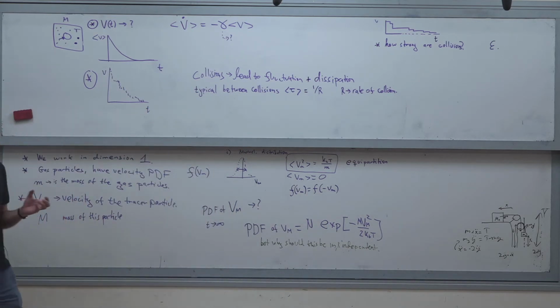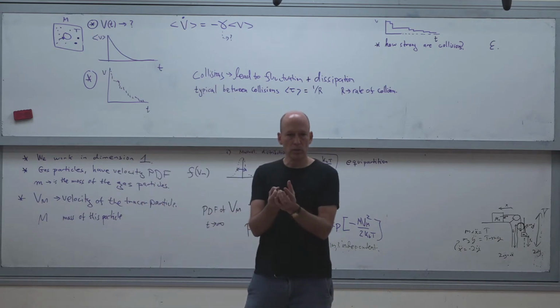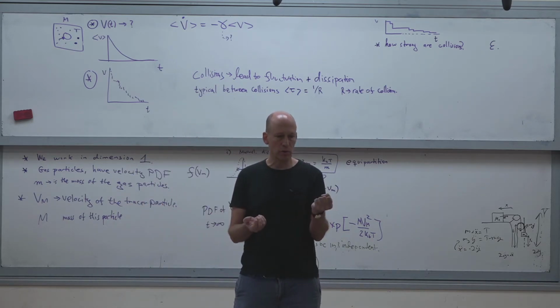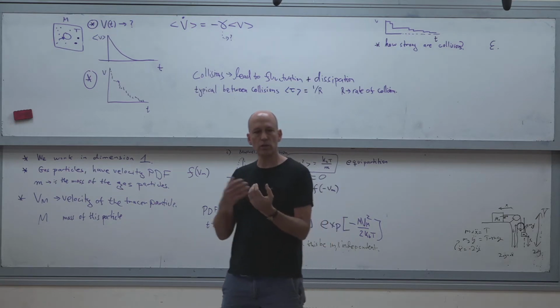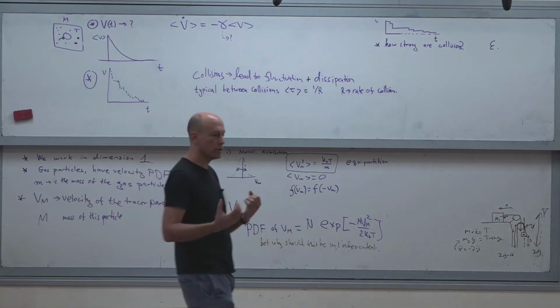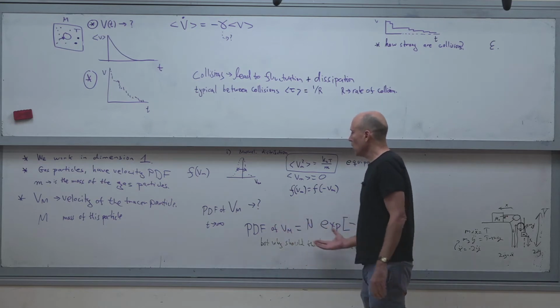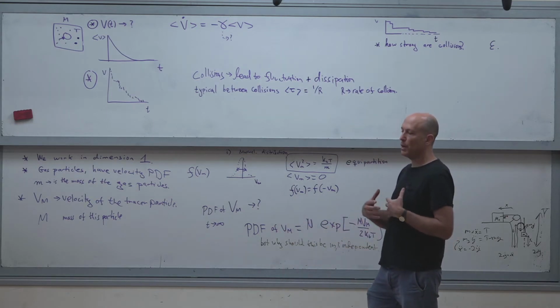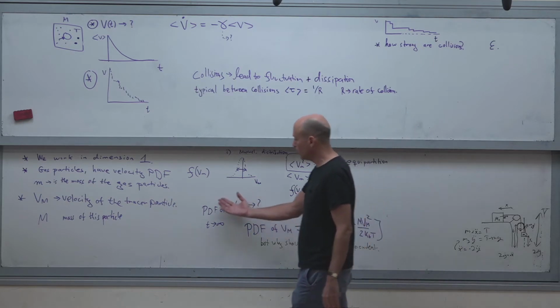So what is happening here? You have a particle, mass big M. It collides with a small particle. It changes its velocity a little bit. And then it collides again. It changes its velocity again a little bit. And another collision, and another collision, and another collision. So when do we expect equilibrium? We expect an equilibrium when we have many, many, many collisions. So when I say long time in equilibrium, what do I mean?